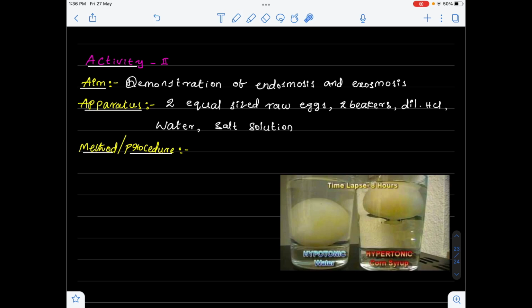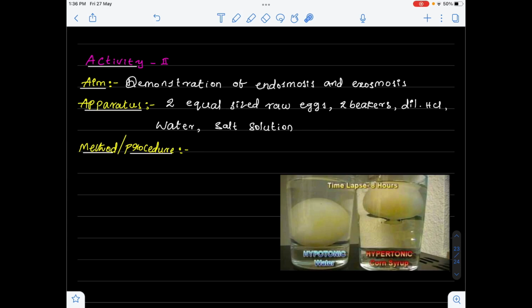When the raw eggs are placed in the hydrochloric acid, the egg shells, which are made up of calcium carbonate, get dissolved, and then later on we should take out the eggs from the HCl.